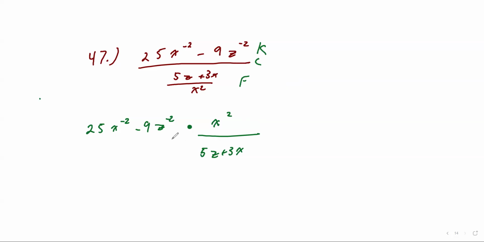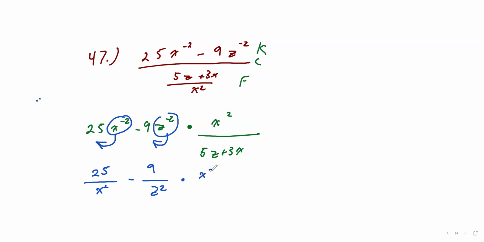All righty, so here we go. This has got a mixture of a lot going on. So I'm going to turn these into fractions to get rid of these exponents. So these will now be 25 over x squared minus 9 over z squared, times x squared over 5z plus 3x.